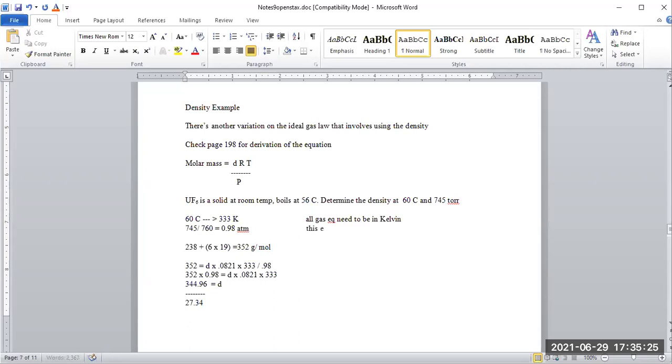This equation needs your pressure, I spelled pressure correctly, to be in atmospheres, because otherwise I couldn't use the 0.0821 as my R value.